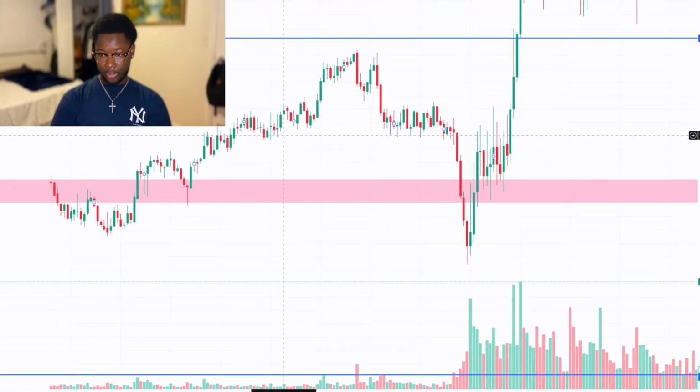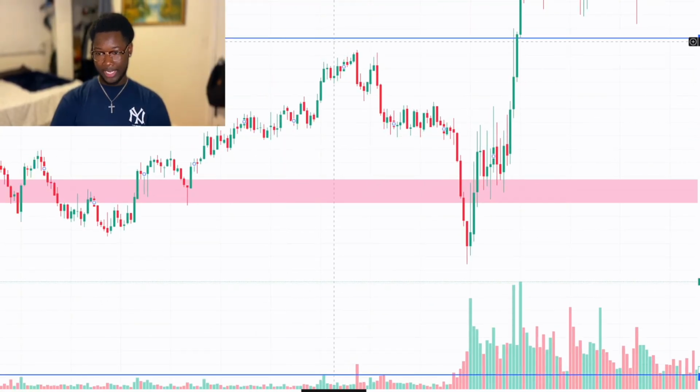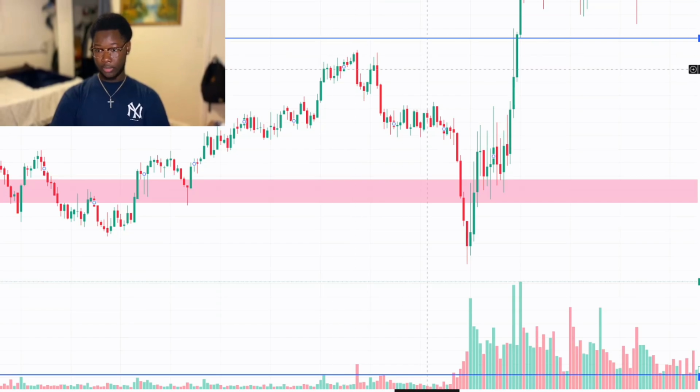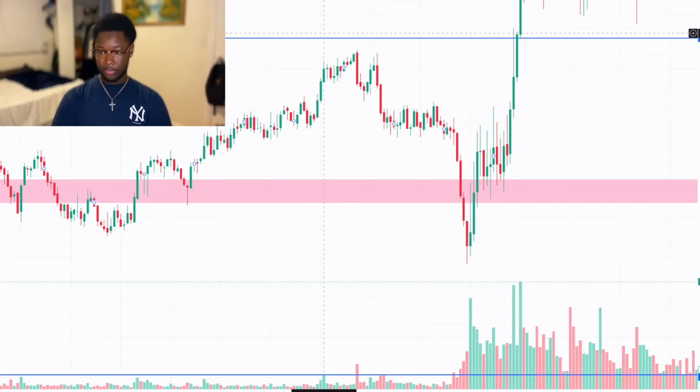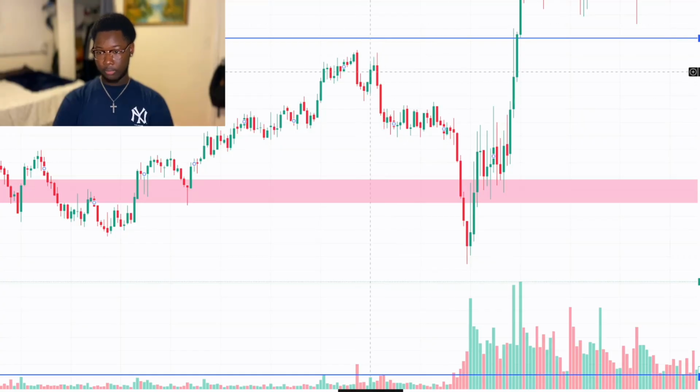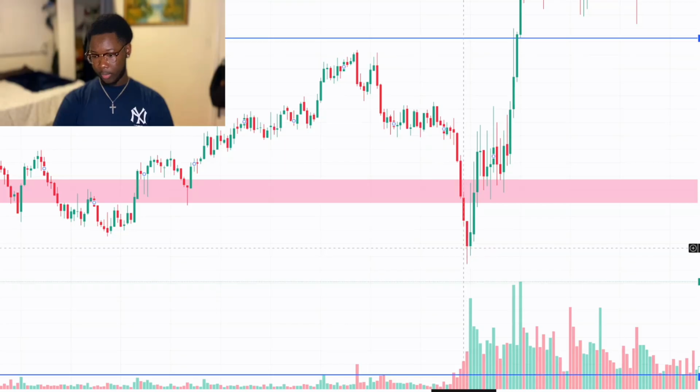My job was to either, like I said, wait for this 4 hour high to be taken, which I wasn't looking for to take any shorts, right? This was actually an hourly high that got swept, and you see here we had this inversion, and this was a decent short at open, really close to open.